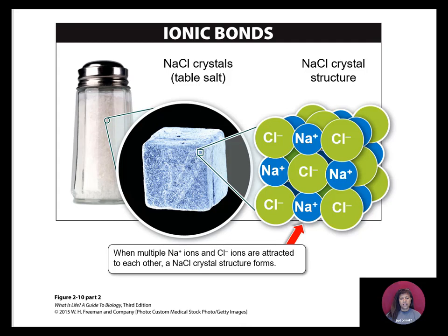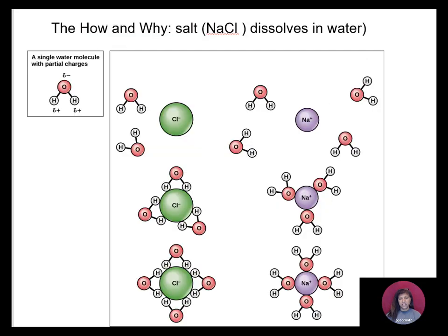But I want to take a look at some other features. So I told you that the ionic bond was actually a strong bond, but you would probably think, well, wait a minute. If I have a glass of water and I put some salt in the water, the salt dissolves. So how can it be a strong bond when I can put it in water and it completely breaks the bond? Let's take a look at that.